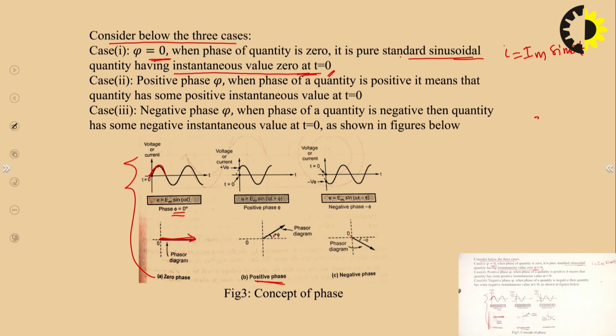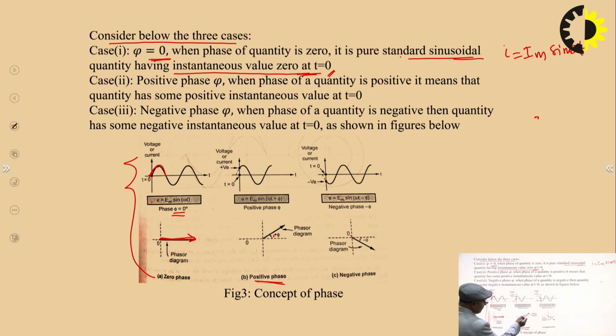This is the meaning of negative and positive phase. So, when the phase angle is positive, the phasor is somewhere above the x-axis, then the instantaneous value of the AC quantity at that time will be something positive, which you can see from this waveform.